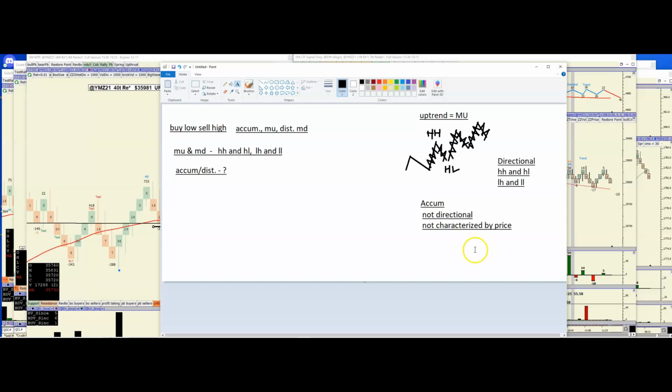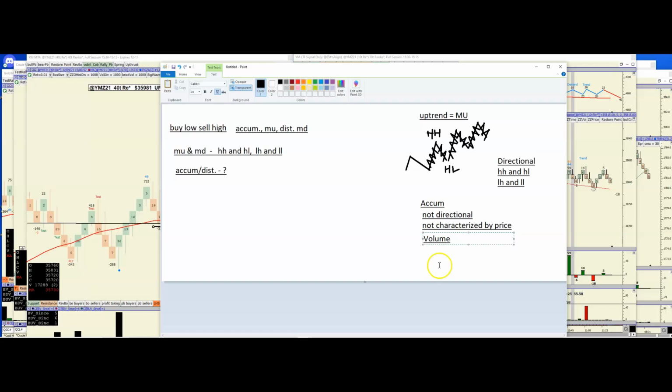So then, what is accumulation and distribution characterized by? If it's not directional and it's not price, it must be volume. Because volume is not directional. It cannot be a negative number.